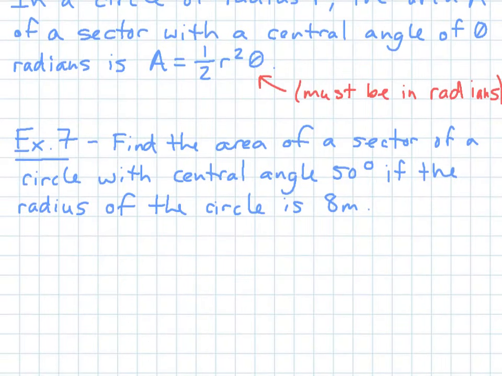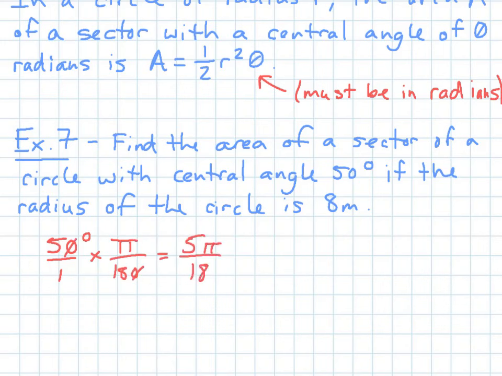So an example of using this, I want to find the area of a sector of a circle with central angle 50 degrees if the radius of the circle is 8 meters. That being said, if I have 50 degrees, remember I got to change that. So times pi over 180. 5 and 18 don't reduce any further, so I get 5 pi over 18.